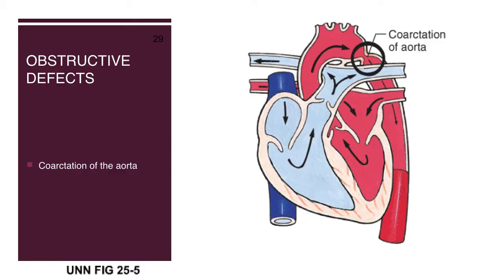One of the obstructive defects is coarctation of the aorta, and what you can see in this picture is that we have a narrowing of the aorta right off of the aortic arch.